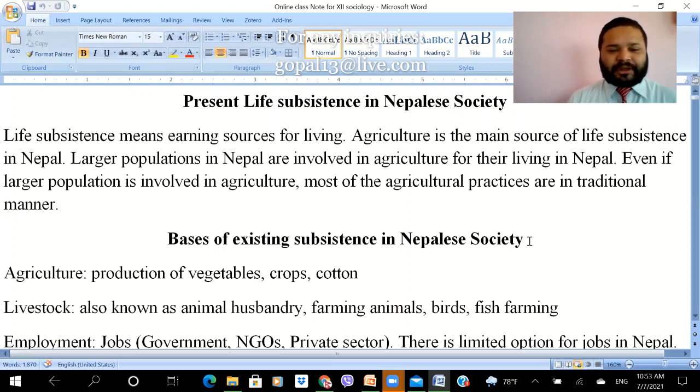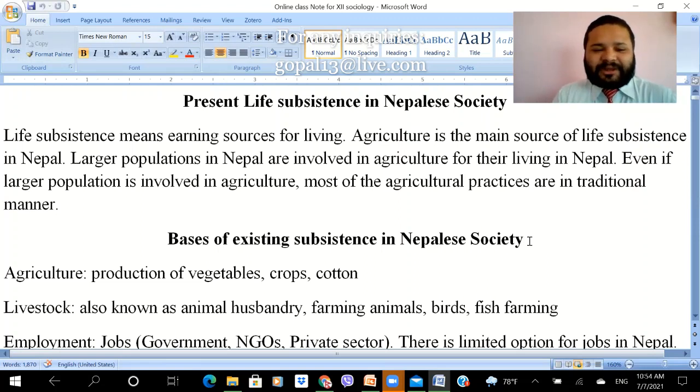The vegetation, crops, cotton, and other agriculture-related production, and the economic transaction or social living that has been assured by agricultural activities, is known as the agricultural sector of subsistence in the Nepalese context. Okay. And then there is another aspect.